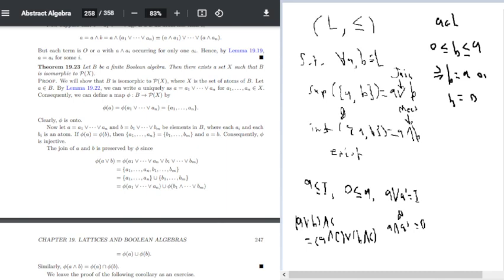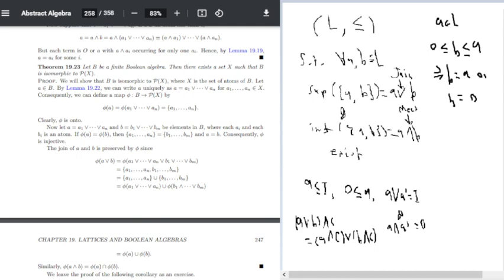Now, let A equal A1 join all the way to join A sub n, and B equal B sub 1 join all the way to B sub m be elements in B, where each A sub I and each B sub I is an atom. If phi of A is equal to phi of B, then A1 all the way to An is equal to B1 all the way to Bm, and A is equal to B. Consequently, phi is injective.